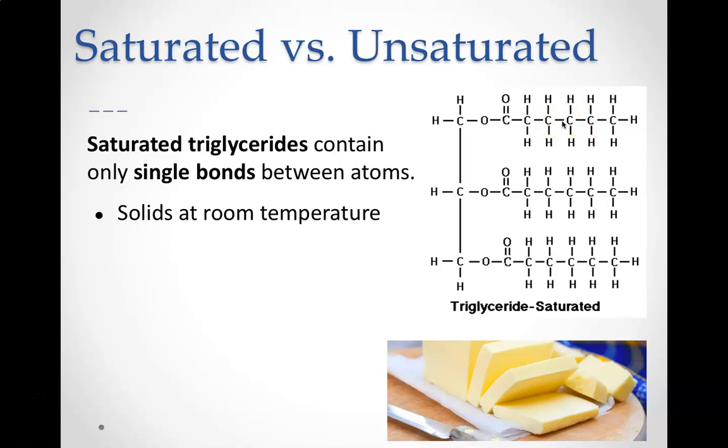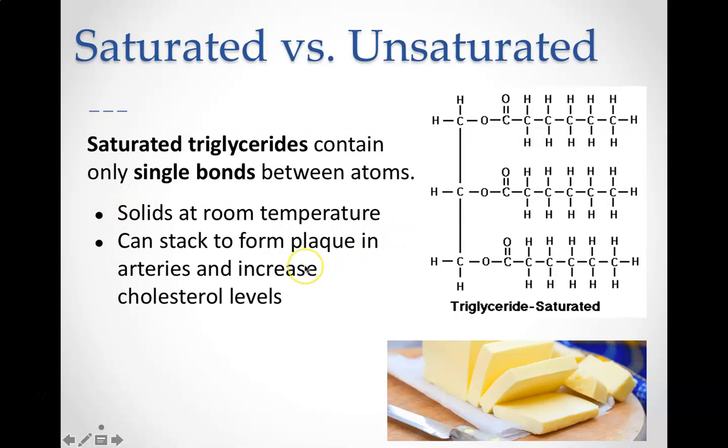Because they're only single bonds, it allows these chains to pack in really tightly together. So we can stack saturated triglycerides on top of each other really closely, and because of that, they're usually solid at room temperature.